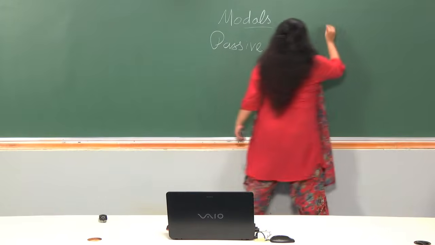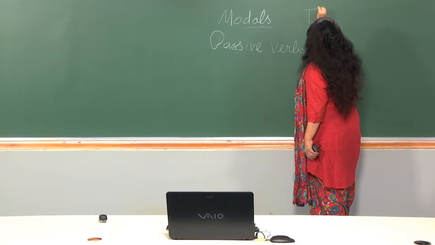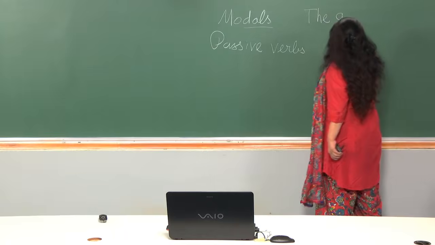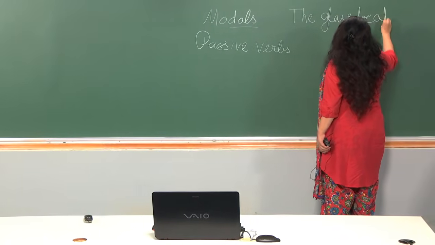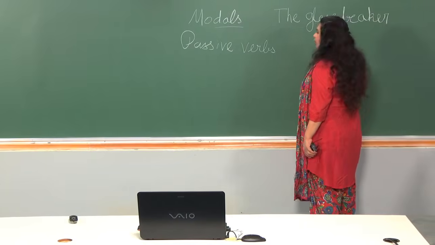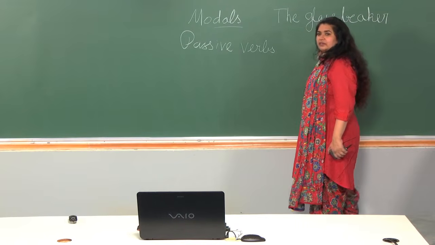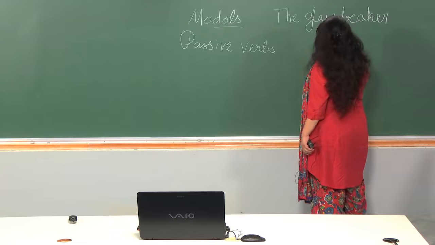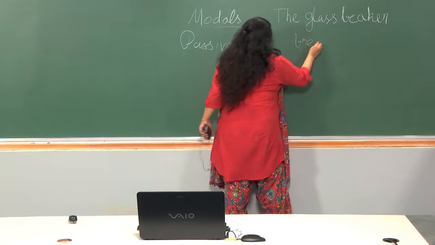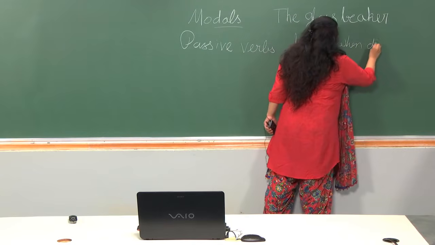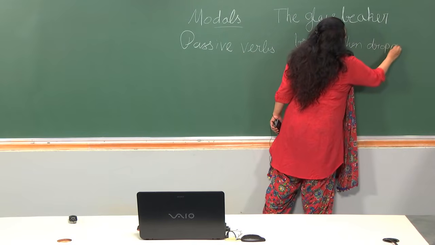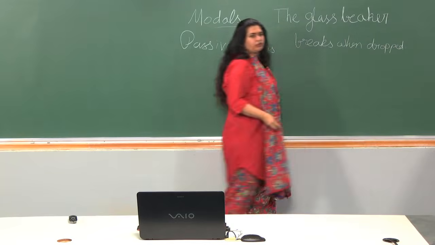So, coming to the modals, let us look at this sentence, the glass beaker breaks when dropped. I will keep changing the modals and just tell me how the meaning changes. Simple meaning: the glass beaker breaks when dropped.